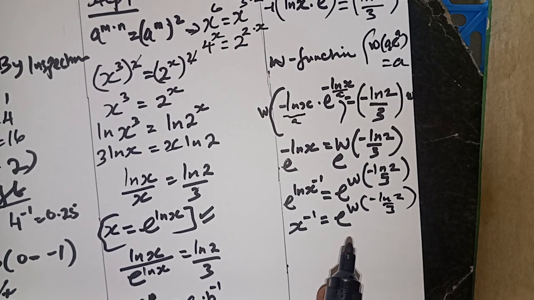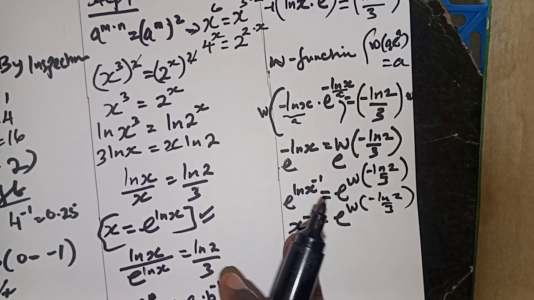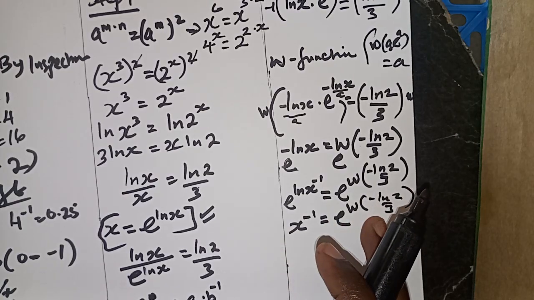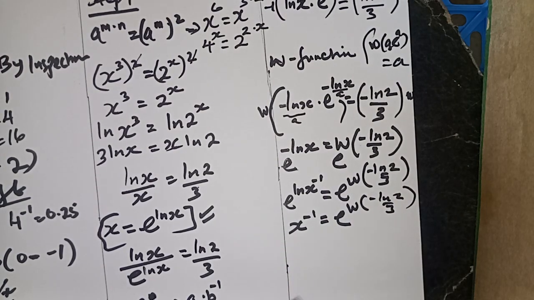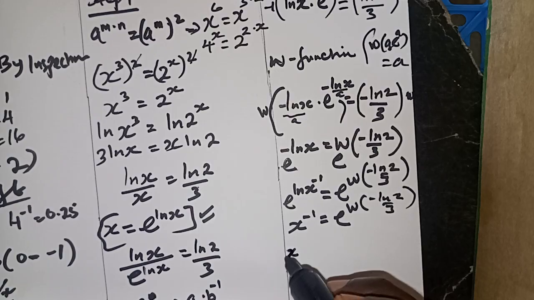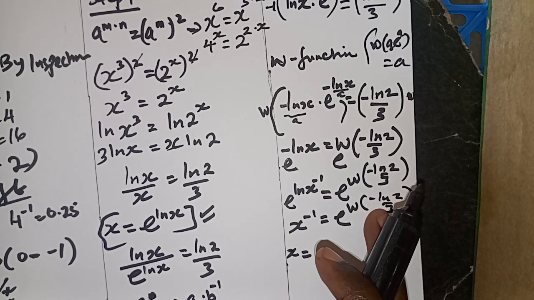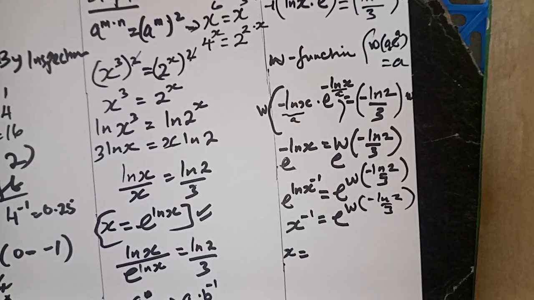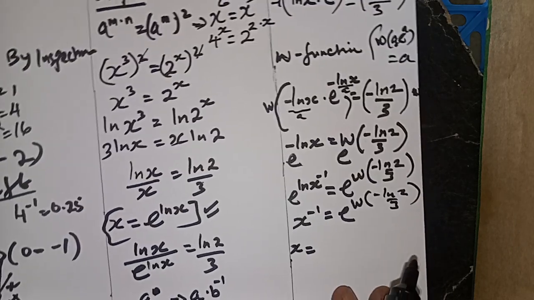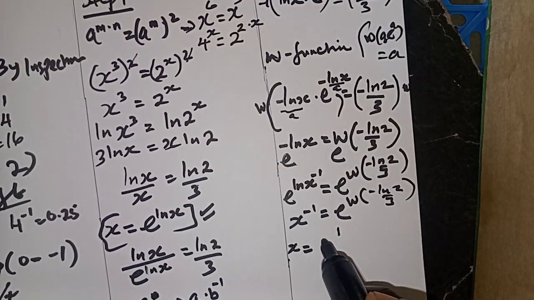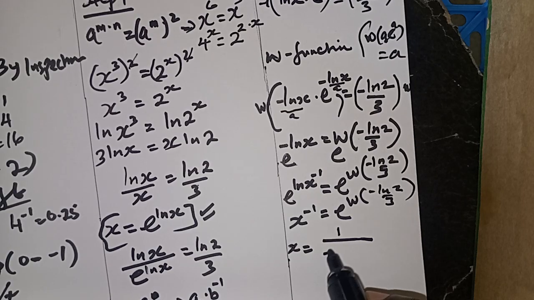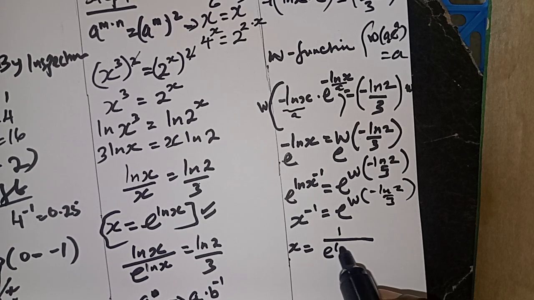At this stage, for me to remain with x, I want to take the reciprocal on both sides of the equation. So I'm going to end up with x equals 1 all over the exponent of the W of negative ln of 2 divided by 3.